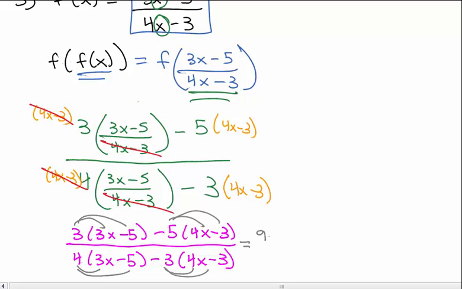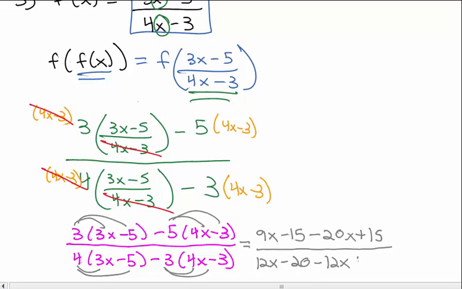So we'll have 9x minus 15 minus 20x plus 15 all over 12x minus 20 minus 12x plus 9.